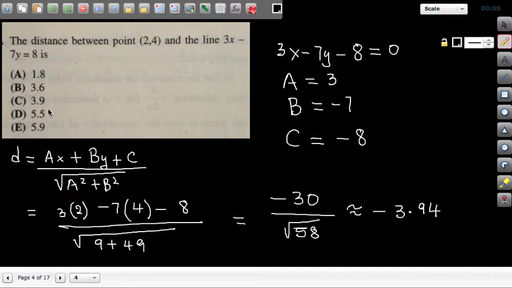You can see that the answer choices are in decimal, so you need to plug this in your calculator, and my calculator gives negative 3.94. And you know that it is not possible to have a negative distance. So using our common sense, we will take this as positive 3.94, rounding down, and the correct answer given in the book is 3.9.